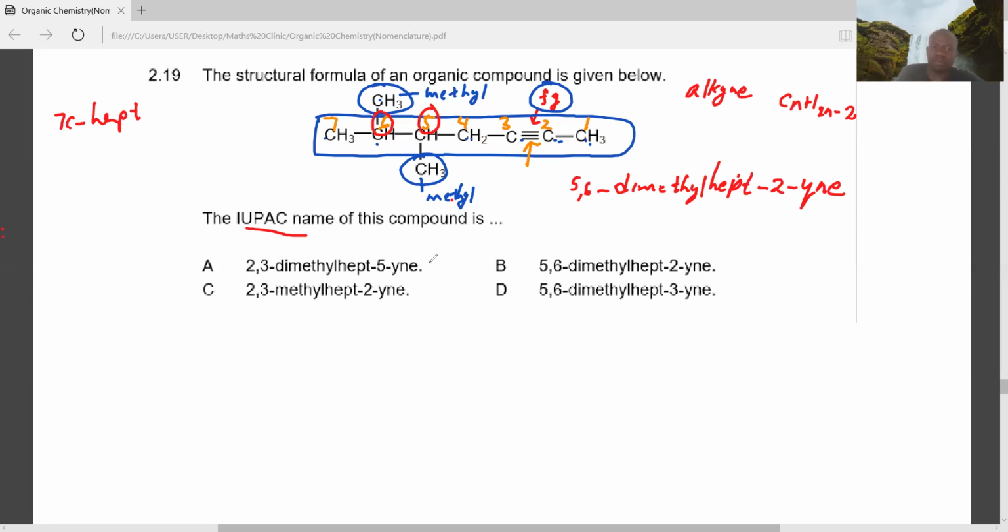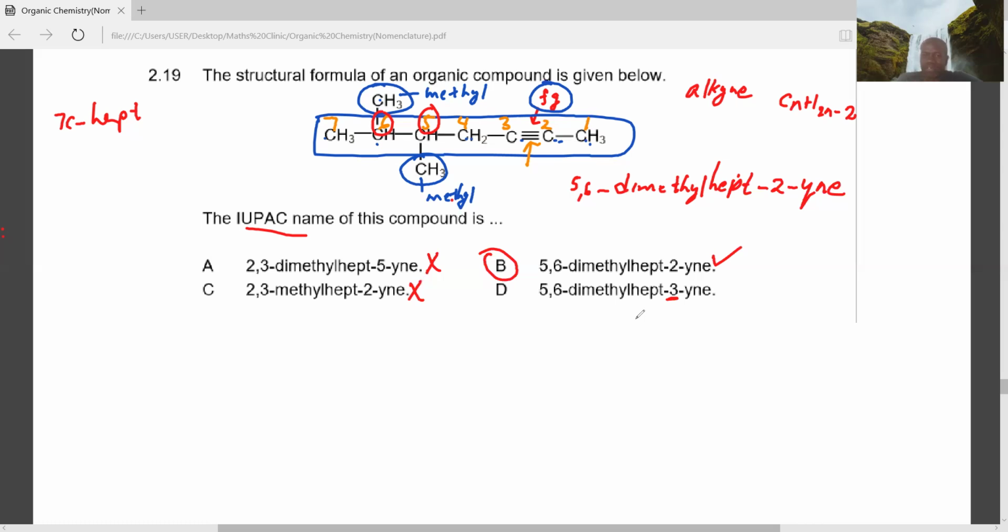So this is wrong. 2,3 is also wrong. 5,6-dimethylhept-2-yne, yes, this is the correct answer, B. Here they've taken the highest number, which is wrong. So we take the smallest number for the multiple bond.